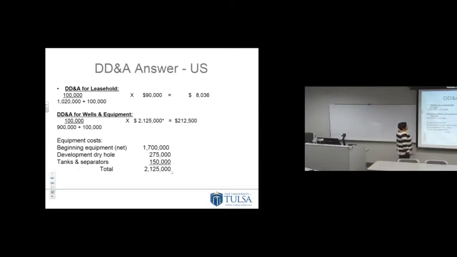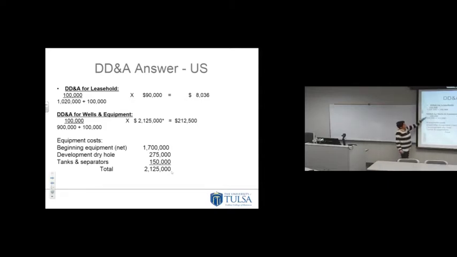So my costs are $2,125,000. They're getting written off over only proved developed reserves. So 100,000 was my production over ending proved developed reserves of 900,000 plus 100,000 to get back to beginning of period. So 100,000 over a million times 2,125,000 is 212,500.